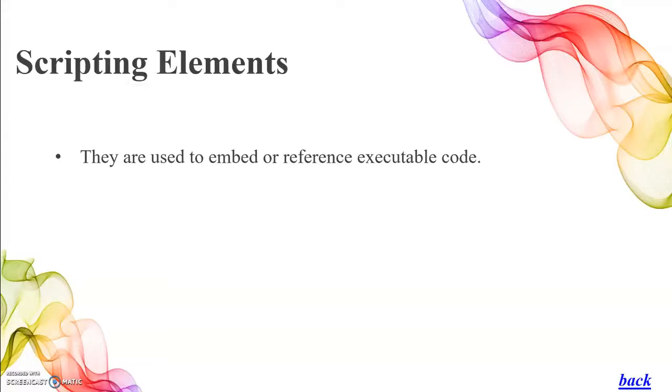The following HTML elements are used to embed executable scripts or reference them in your web page. Which one is script? It places a script in the document for client-side processing. And the next one is noscript. It defines alternative content to display when the browser doesn't support scripting.